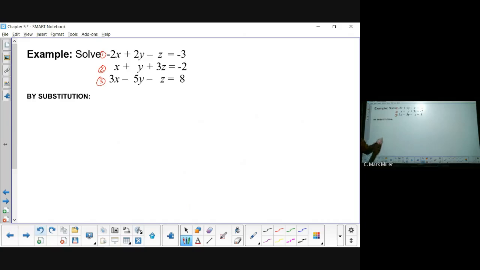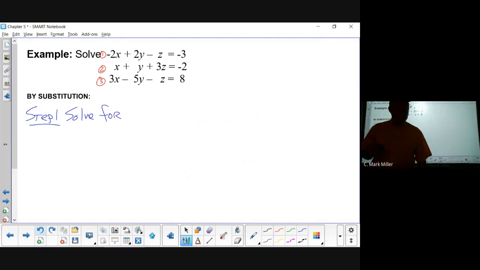Okay, step one. You're going to solve for one of the variables in one of the equations. Now, I look for a variable in one of the equations that has a 1 or a -1 in front of it.